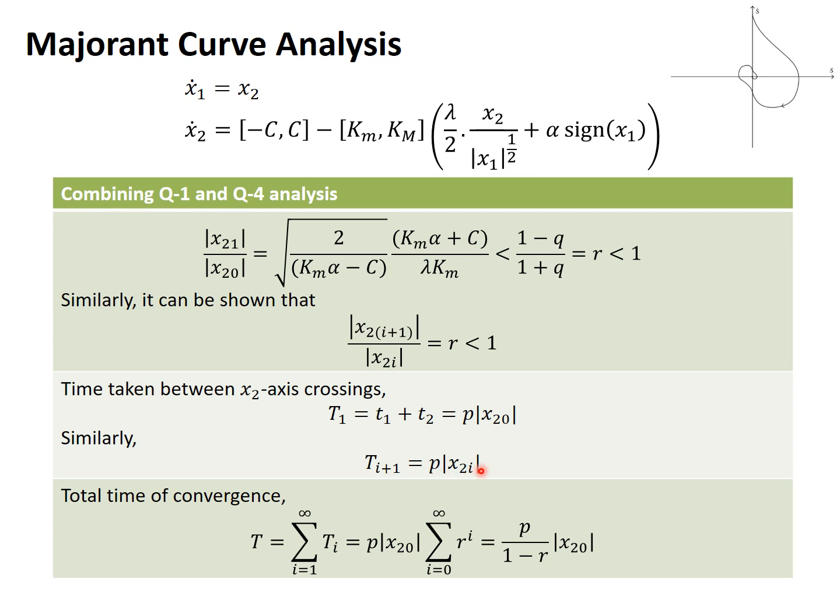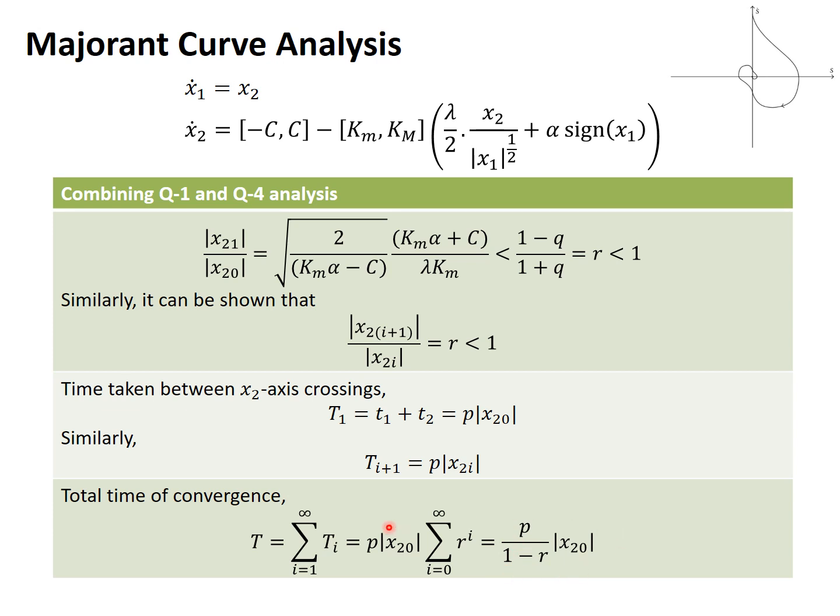Now x21 is related to x20 by r, and x22 is related to x21 by r, which means it is related to x20 by r square. In that way everything is proceeding in the same manner. So, you can take P x20 out and have the summation of r to the power i written here, and since r is less than 1, this is 1 by 1 minus r.